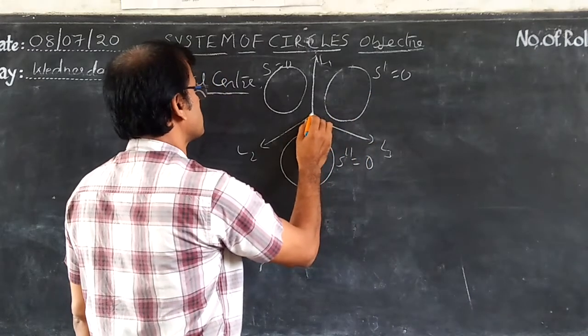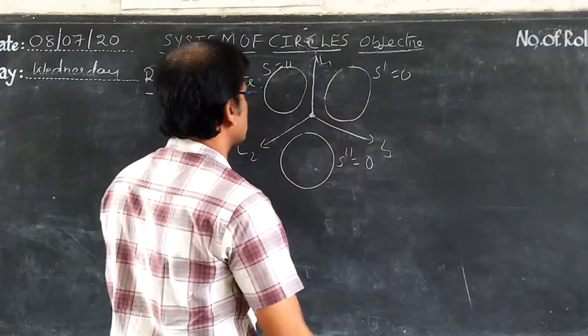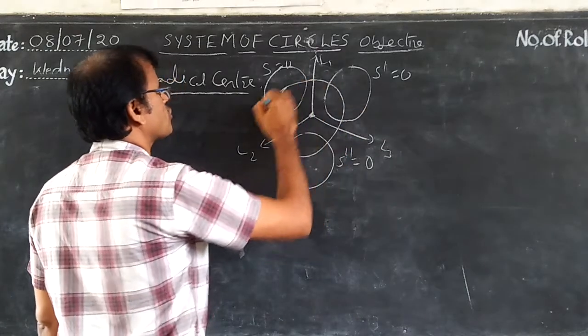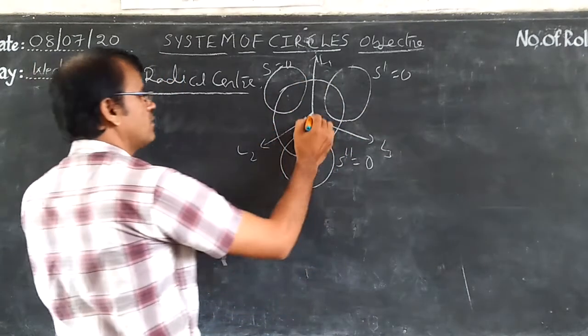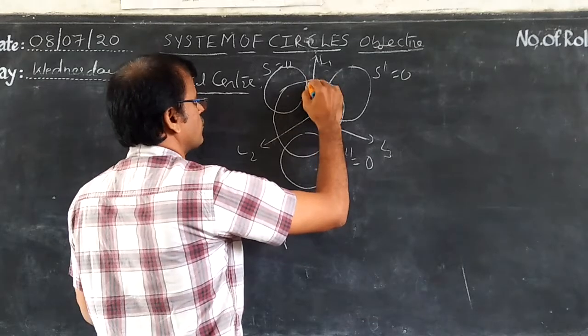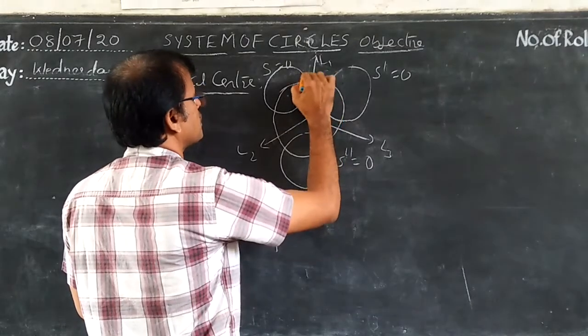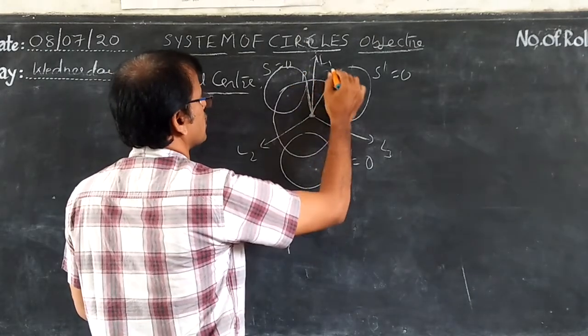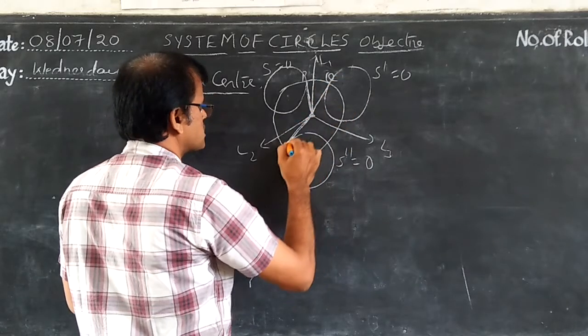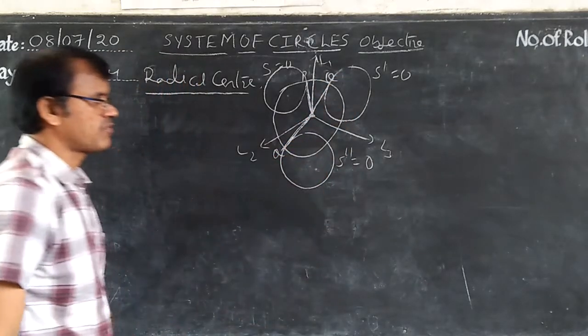This is the radical center, the point of concurrence of radical axes. From the radical center, put here P, put here Q, put here R. From the radical center to any circle, the radius is nothing but the length of tangent.